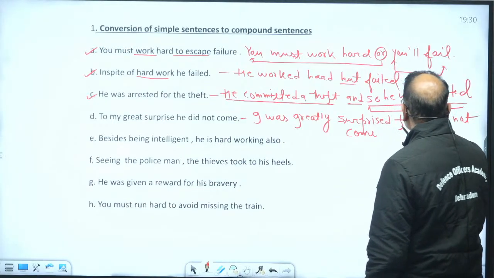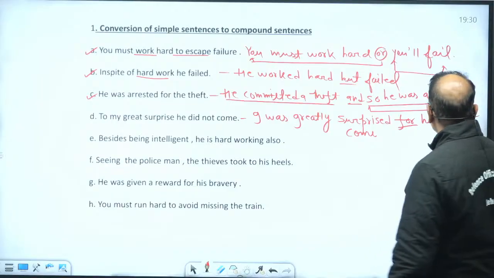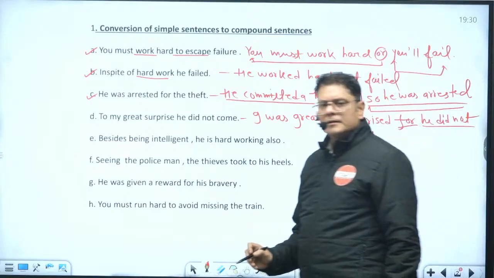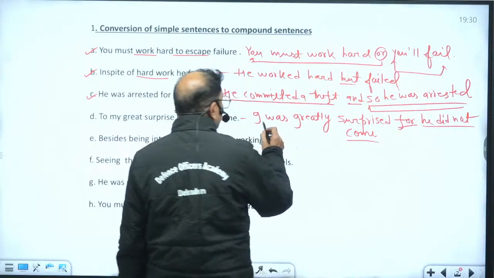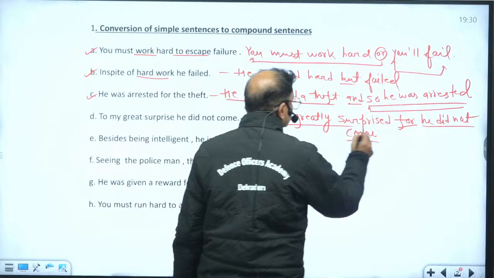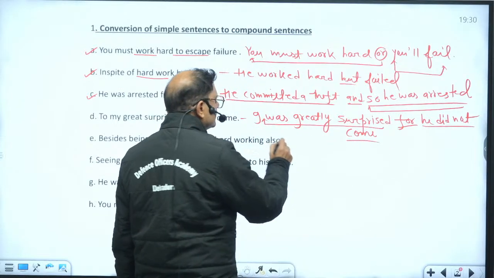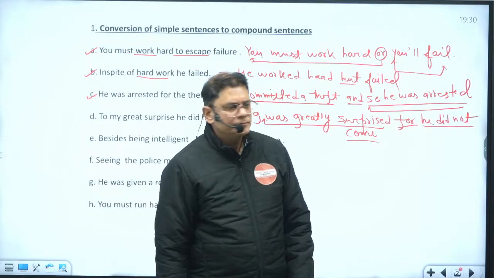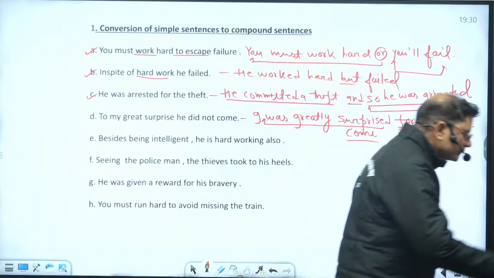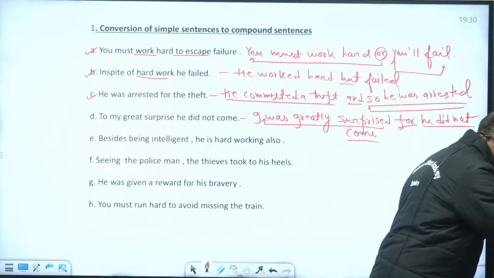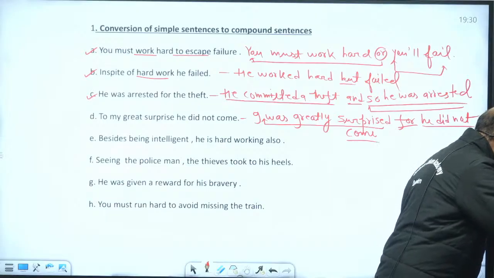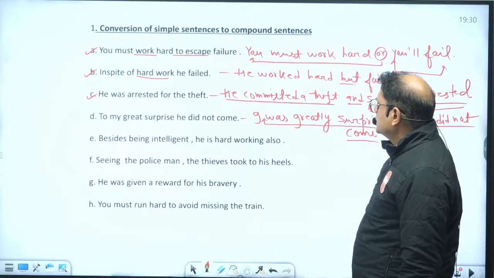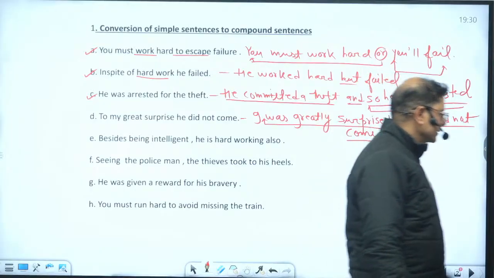So here we'll see for here, he did not come, making complete sense. Here, I was greatly surprised. I hope you are finding it easy to understand. Let's move to the next one.